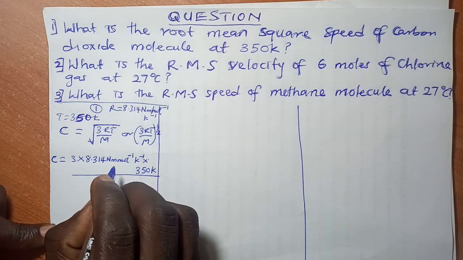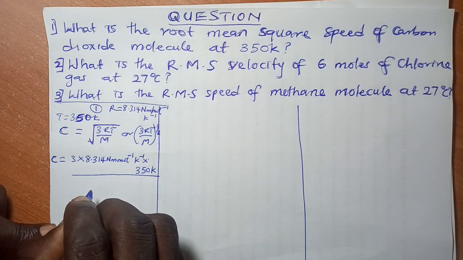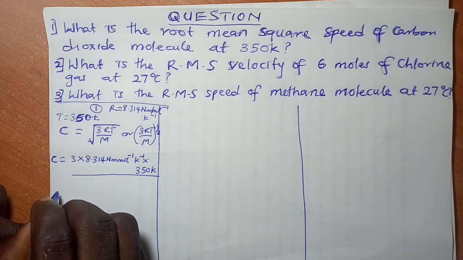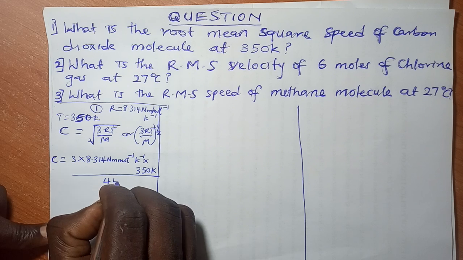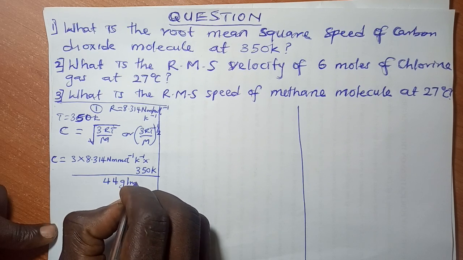Molecular weight of carbon dioxide, if you calculate it, you have 44 gram per mole.